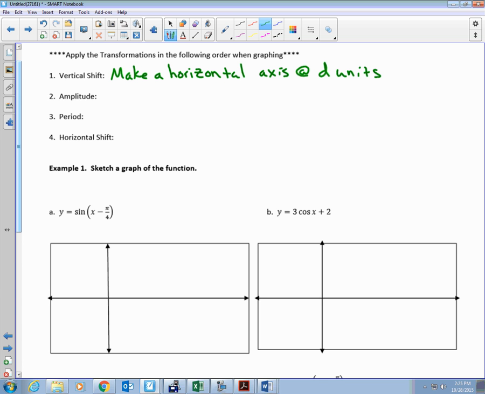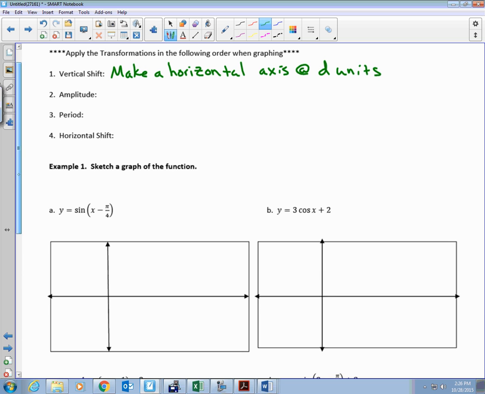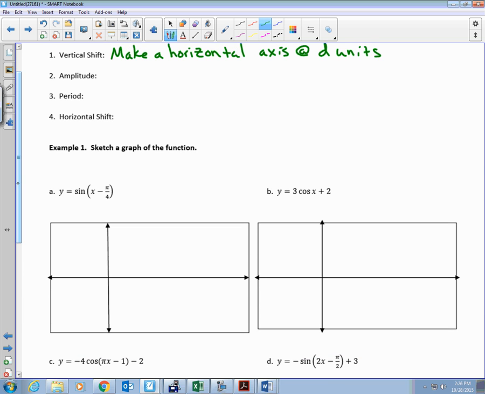We start with a vertical shift, and it's not that bad. What we do is we mark out D units and a horizontal axis through it. This is crucial that you get this piece right. Suppose we didn't have this plus 2 on the end. What would be the biggest value that this function would reach? 3.